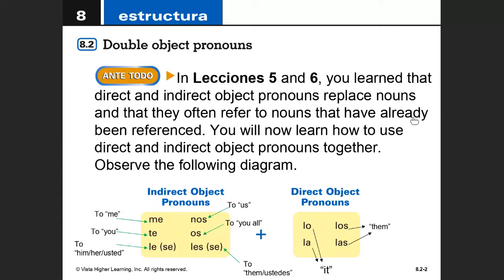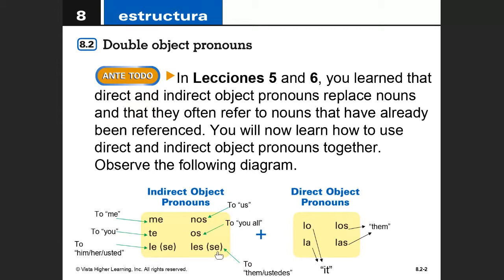Bien. So just for putting these items together, the objeto directo y objeto indirecto, we're going to be looking at the pronouns that could be found to make a combination, okay? We're not going to combine the rest of the pronombres de objeto directo. We are only going to take these for the matter of this particular lesson, that we are going to combine with the pronouns of objeto indirecto.